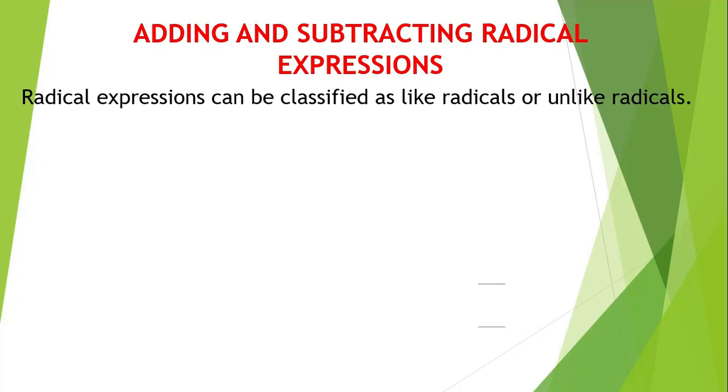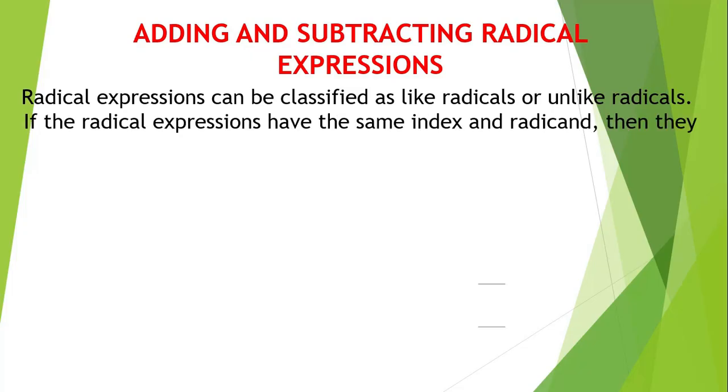Radical expressions can be classified as like radicals or unlike radicals. If the radical expressions have the same index and radicand, then they are like radicals. So for example, this one.